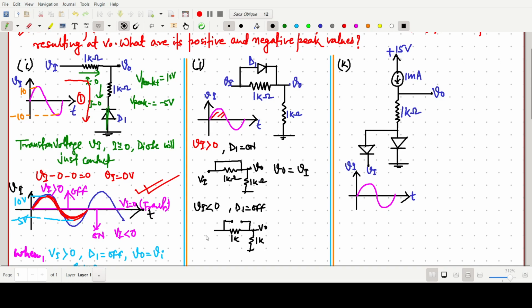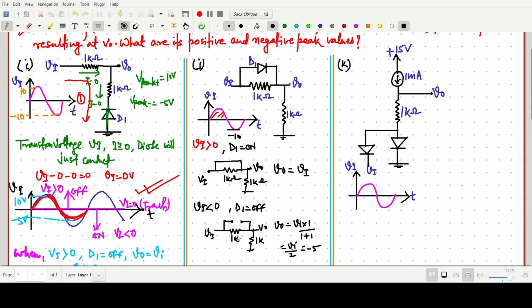This should be V naught and Vi. So V naught equals just the voltage divider, 1 by 1 plus 1 times Vi, so Vi by 2. For maximum peak, when Vi is minus 10, it should be minus 5.